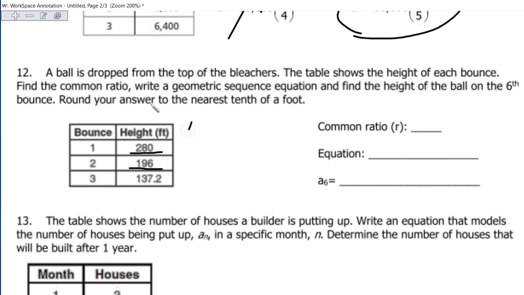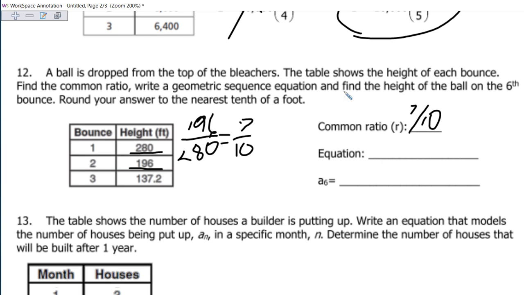So 196 divided by 280. Put that into your calculator and see what happens. Whenever you put that in your calculator, you'll find out that that is actually the equivalent of 7/10. So, 7/10 is our common ratio.